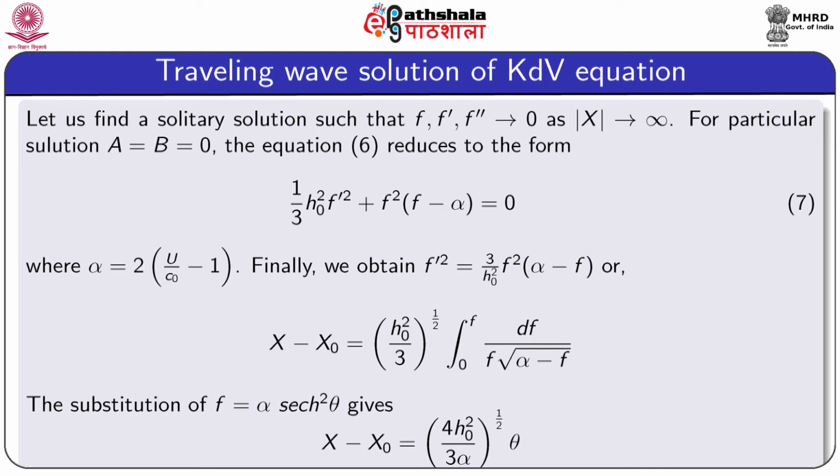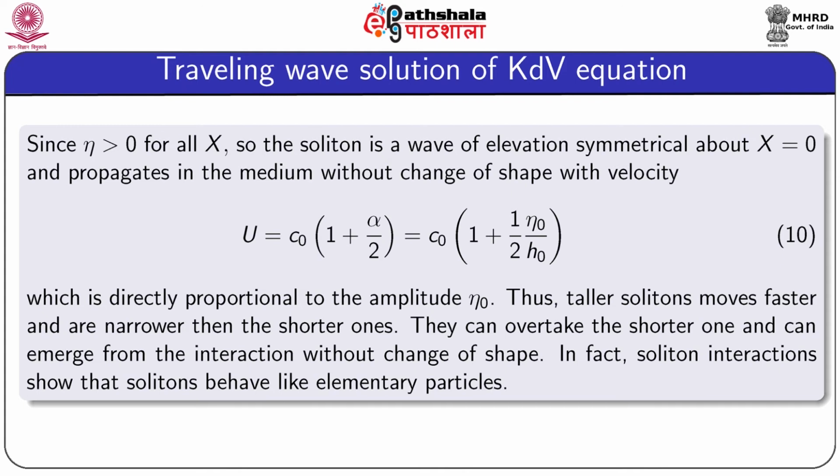In the middle of the slide you can see that alpha equals 2 into u by C0 minus 1. So, from this relation you can find the value of u, and this u gives the velocity of the soliton. So, u equals C0 into (1 plus alpha by 2), and you know the value of alpha.